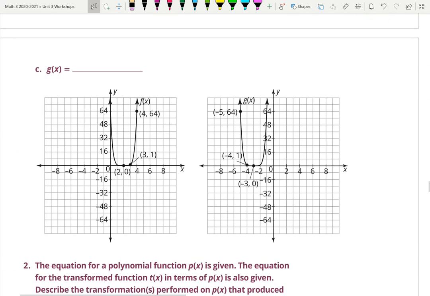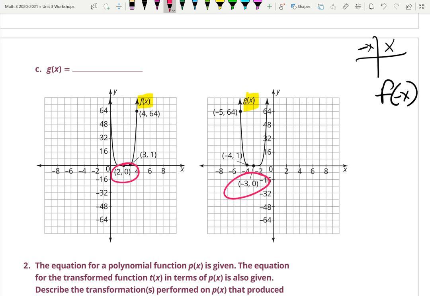All right, g of x is very similar. Remember, look at the center. Well, it's clear that from the pre-image to the image, it's being reflected across the y-axis. It's over here, then it's over here, which means that the x's is what's being affected. So it's going to be f of negative x for sure. Looking at my center point, 2, 0, negative 3, 0.